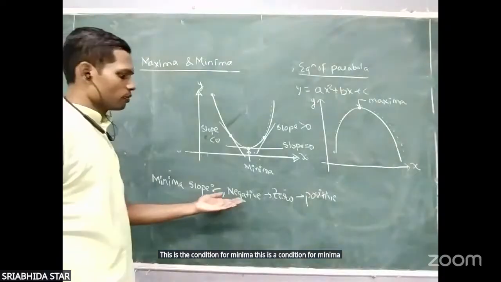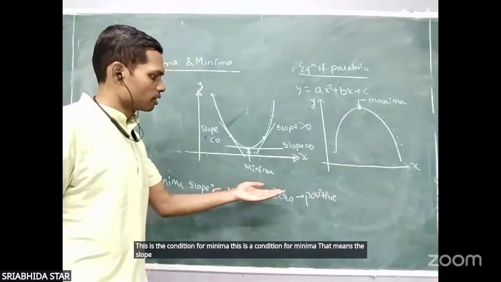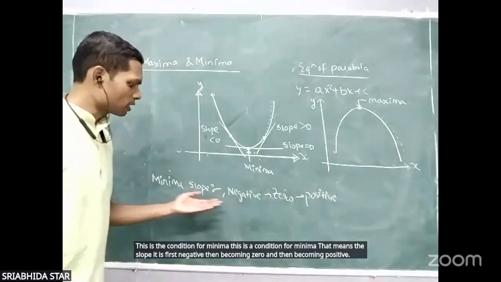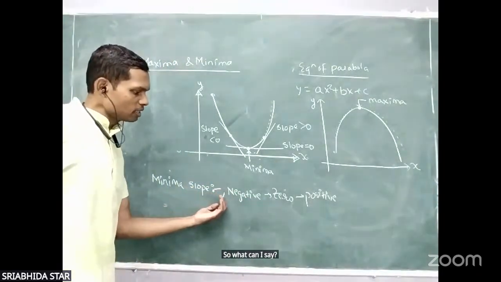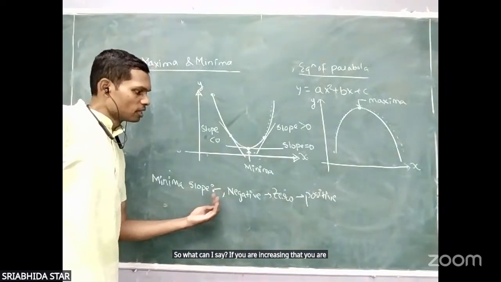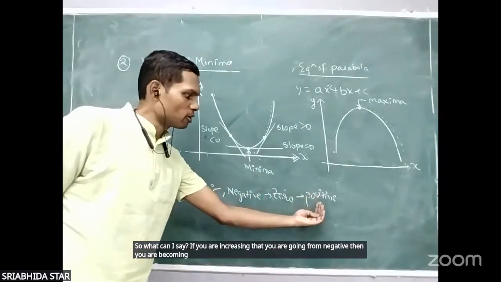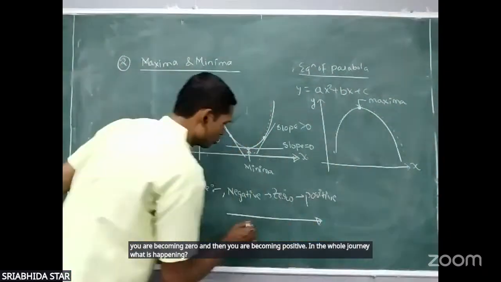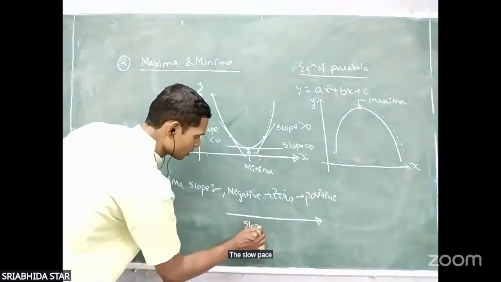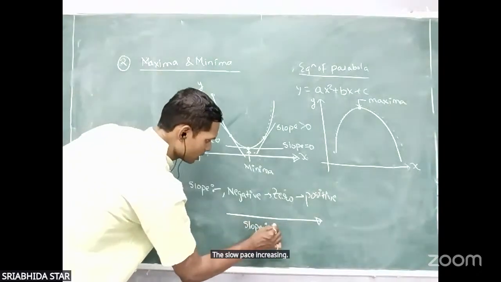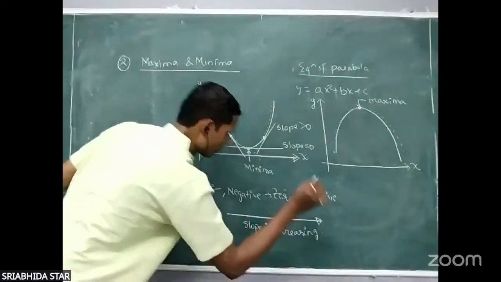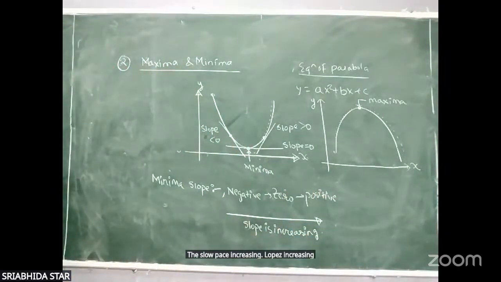That means the slope is first negative, then becoming 0, and then becoming positive. If you are increasing x, you go from negative, to 0, and then to positive. In the whole journey, the slope is increasing. This is the condition for minima.